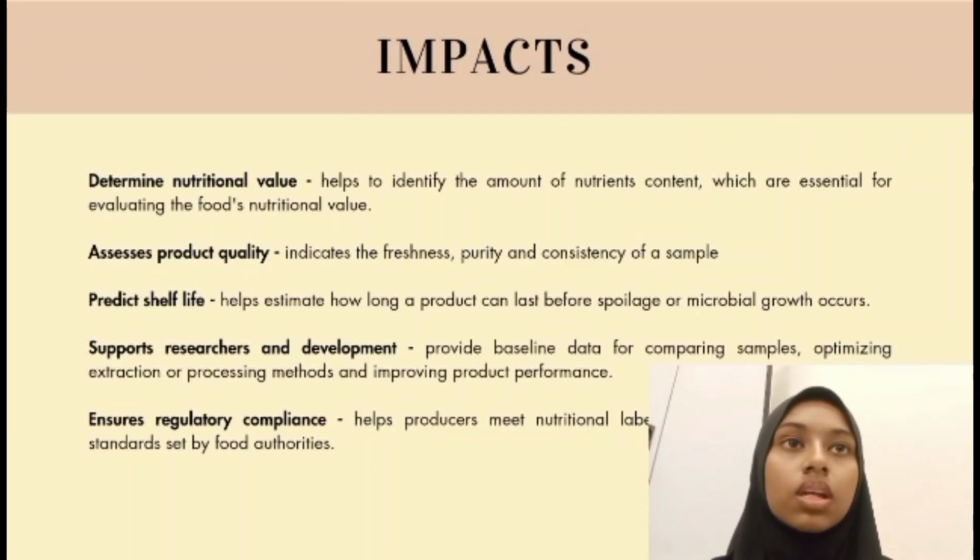Proximate analysis only gives a basic overview of macronutrients, not the detailed composition. Then we have method variability. Results can change depending on the method or condition used in the analysis. And lastly, incomplete combustion. Sometimes non-protein nitrogen compounds can cause estimate error and reduce accuracy. So overall, even though the analysis gives useful information, it is important to control these factors to ensure reliable results.